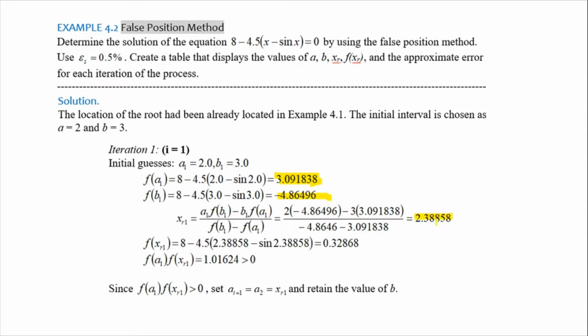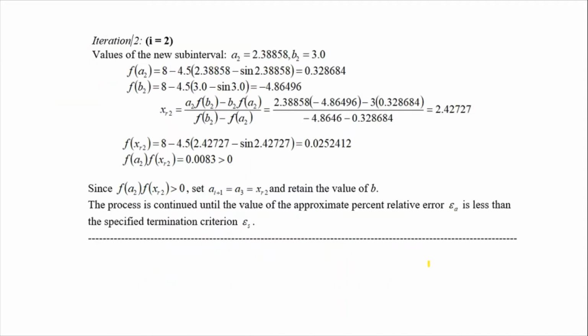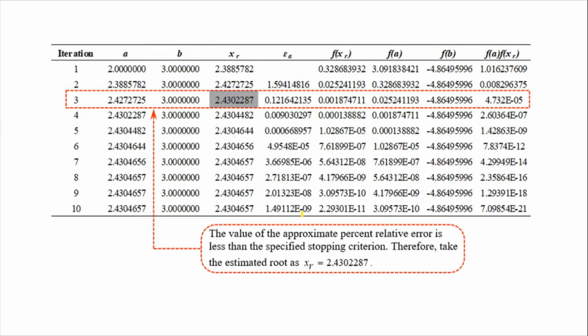Our first estimate of the root is 2.38858, and the product of these function values is positive, or greater than 0. Therefore, we set a sub i plus 1, which is a sub 2, equal to x sub r1, and retain the value of b. Continuing the process until the value of the approximate percent relative error is less than the specified stopping criterion, we get these values.